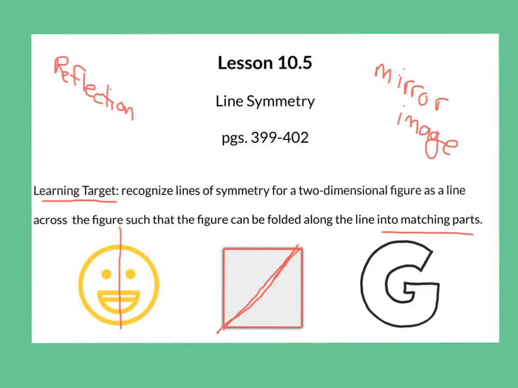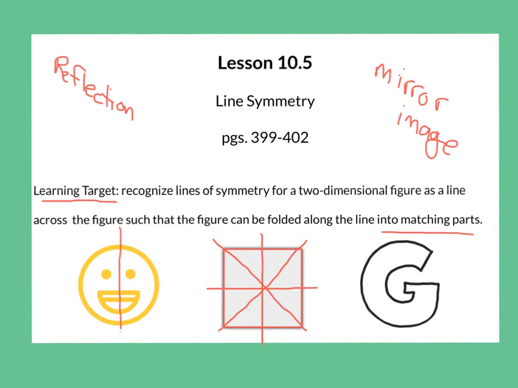So with our square, you actually have four lines of symmetry, and I'll draw them one more time for you. You have a vertical line, a horizontal line, and then, going corner to corner, two diagonal lines, where when you draw any one of those, it's going to create two identical mirror images, or a reflection of itself.